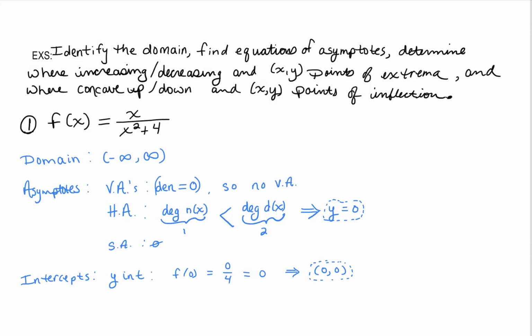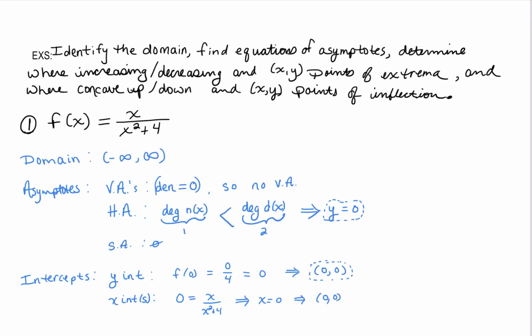But there could potentially be other x-intercepts. If we're looking for x-intercepts in a situation where you have a fraction, you're setting your entire y equal to 0. So in this case, the whole fraction or function goes to 0 when the numerator goes to 0. And so again, it's just the origin in this case.